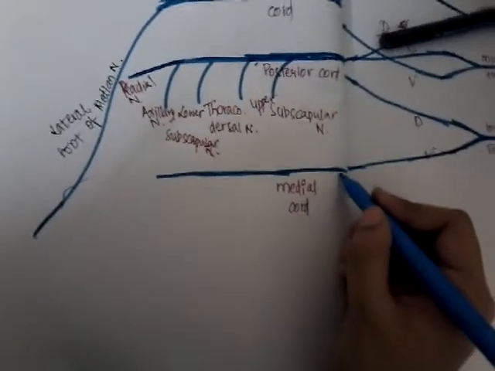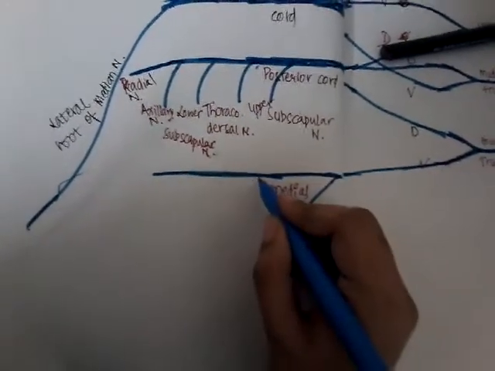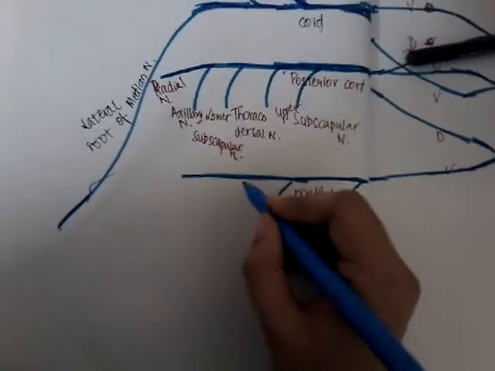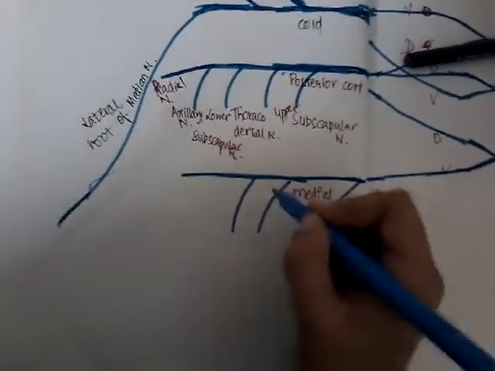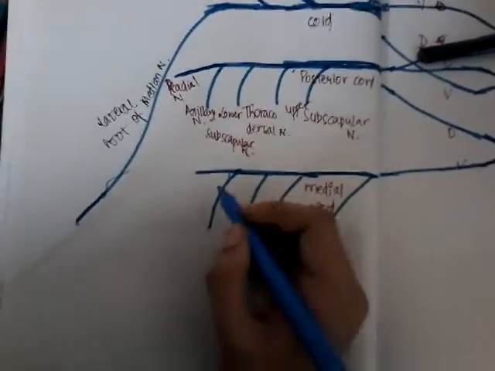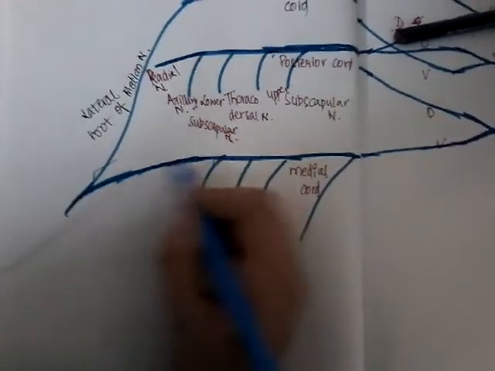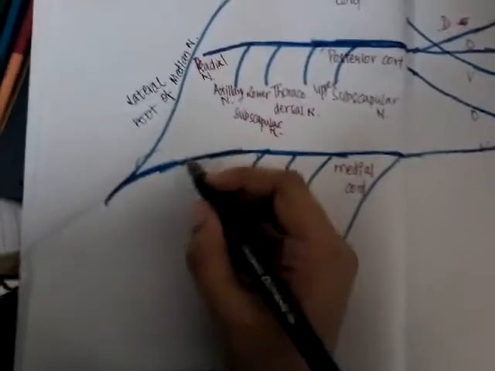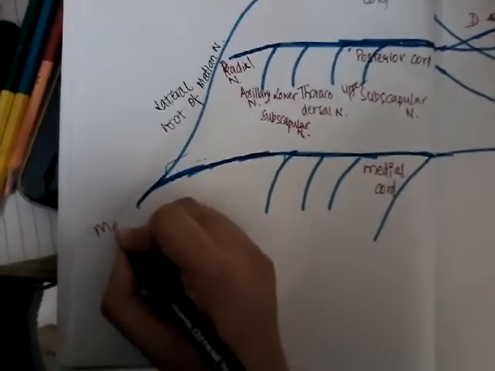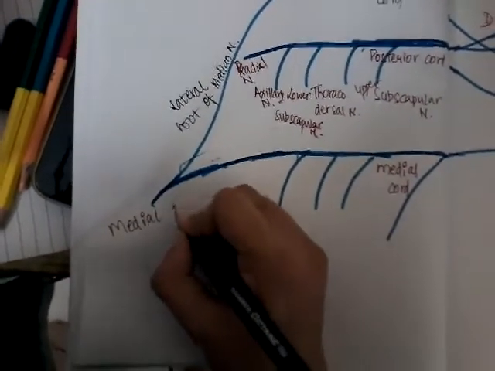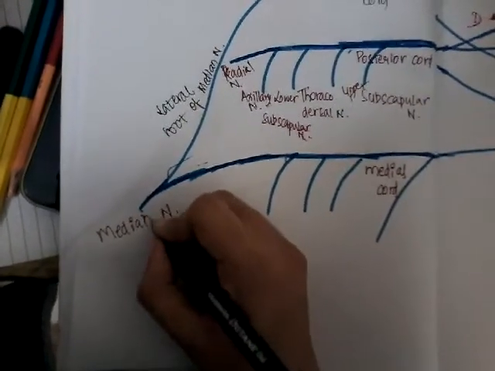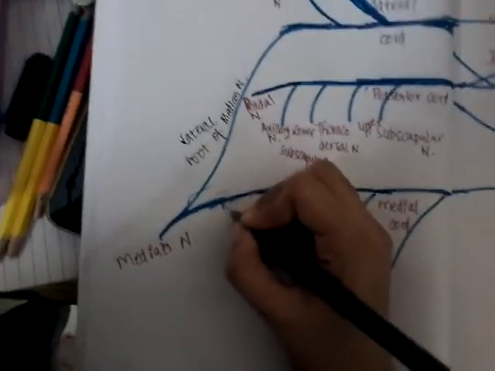Now the medial cord also gives 5 branches, that is medial pectoral nerve, medial cutaneous nerve of arm, medial cutaneous nerve of forearm, ulnar nerve, and the medial root of median nerve. Now the lateral root and the medial root combine together to form the median nerve.